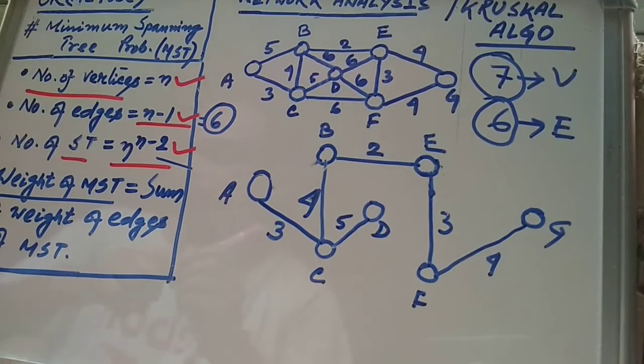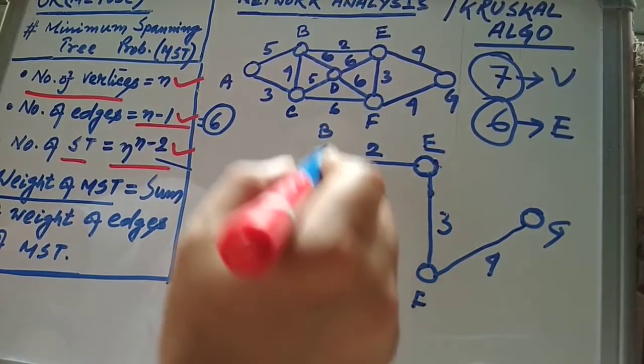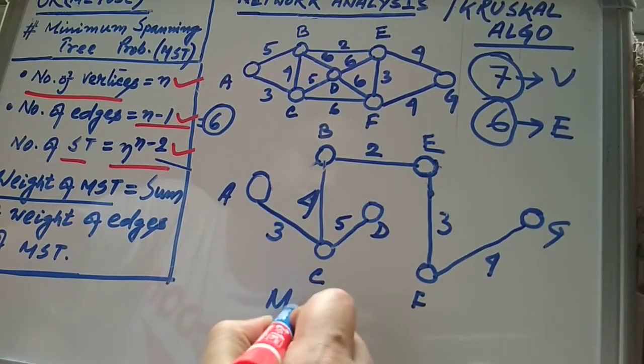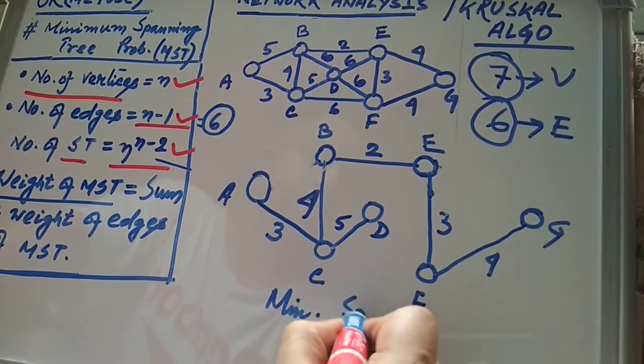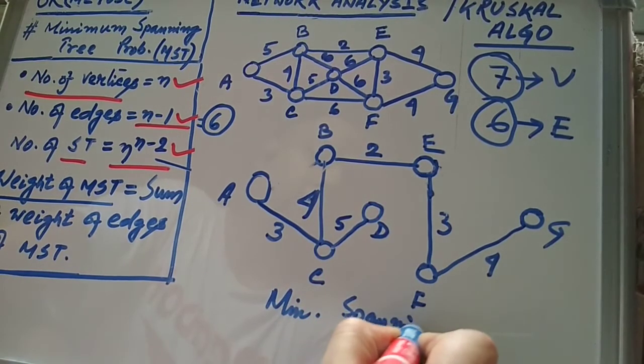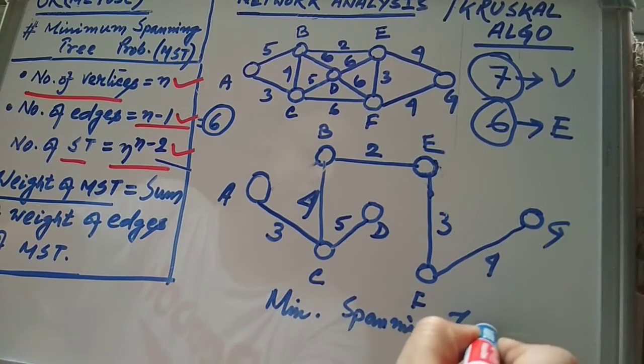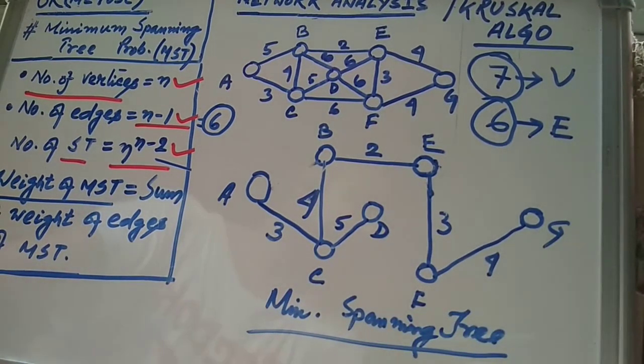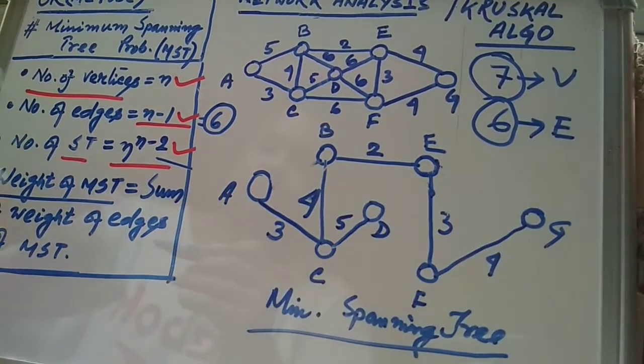So you can conclude this is the minimum spanning tree, and it has a value of 21.